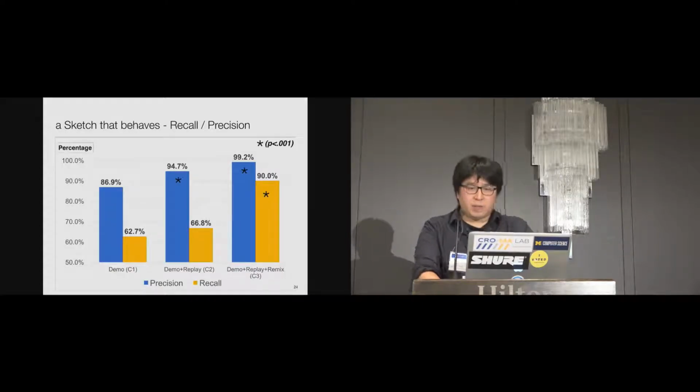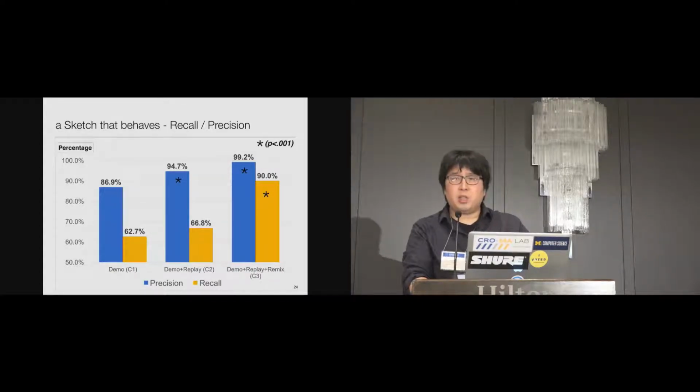So we confirmed the effect of both the replay function and the remix function. The figure represents the precision and recall of the 3 conditions: C1 baseline, C2, the one without remix, and C3, SketchExpress. The increase in both precision and recall compared to the baseline condition was statistically significant.